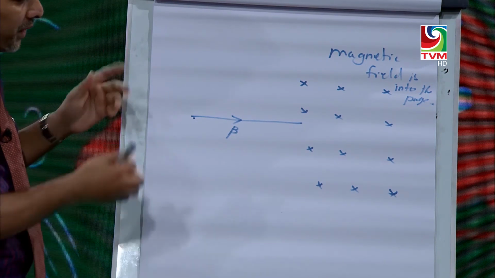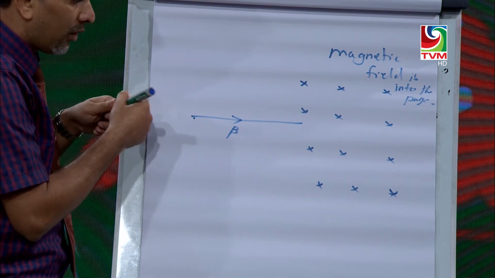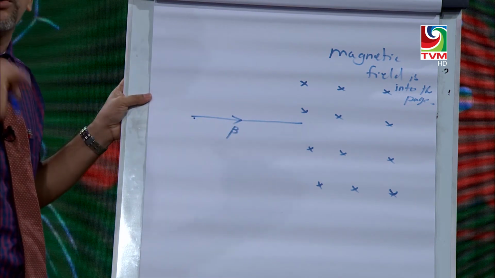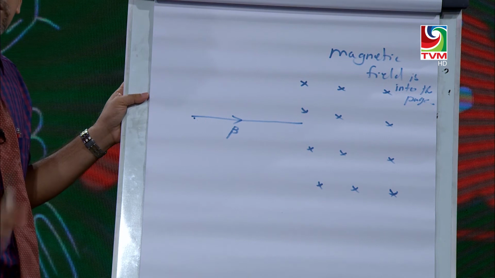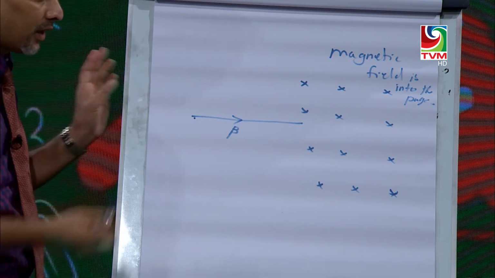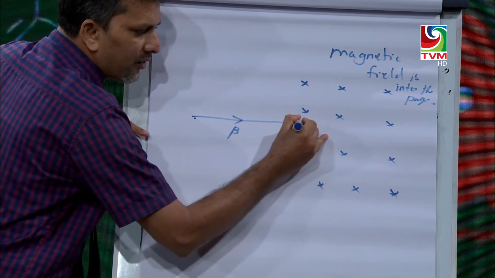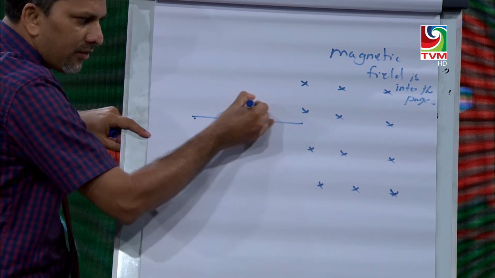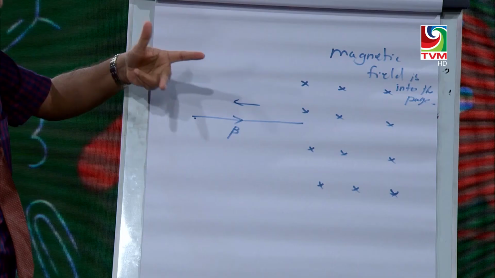We know beta is the same as an electron, so we have to remember electron flow and current flow are just opposite. Electron flow is in this direction, so the current flow is the opposite direction. Now I am using the left-hand rule.